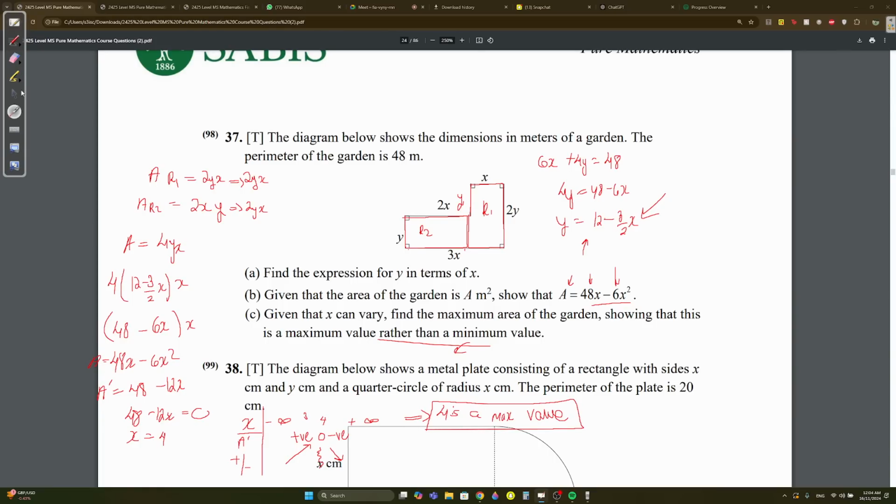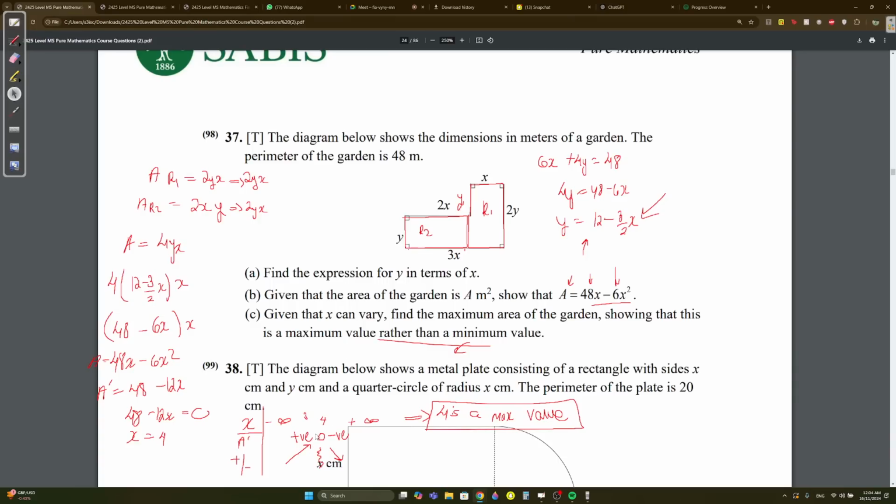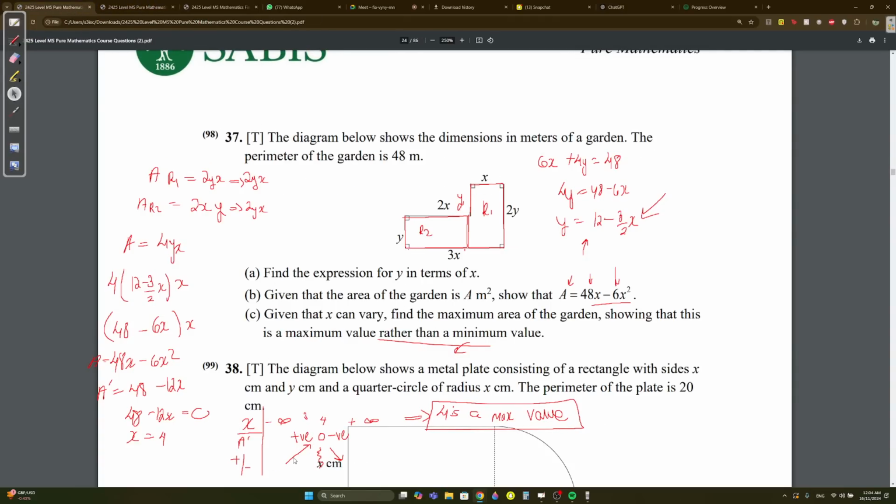Okay, you can see over here, the way they wrote it, they didn't draw it. They just said it's positive before 4, and then they said it's negative after 4. So that means it's a maximum. That's what they said. You can put this on the side. You can say the derivative, or you can just say A prime.